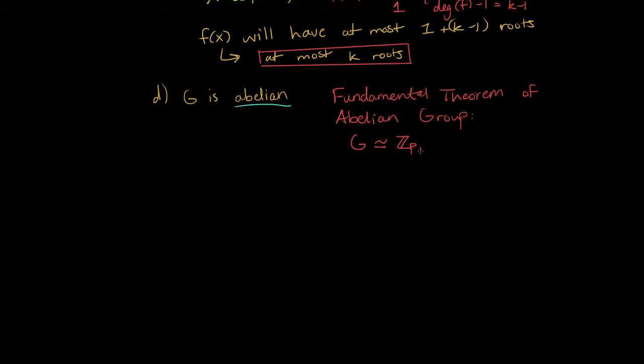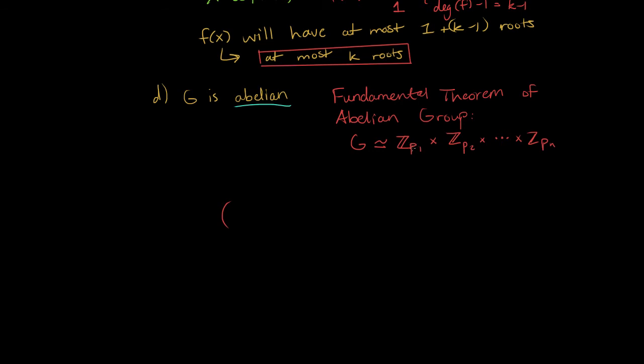So what I mean by this is Z_p is the integers mod p, integers that are going up to some prime. So 0, 1, 2, 3, 4 would be Z5. And the direct product means, when I finish writing this now, that the group is going to be some tuples, right?